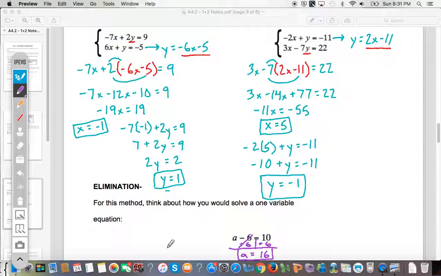Okay, so we're basically doing the same thing when we are using elimination. Instead of eliminating a number, we are trying to eliminate one of our variables. Pause the video if you need more time.